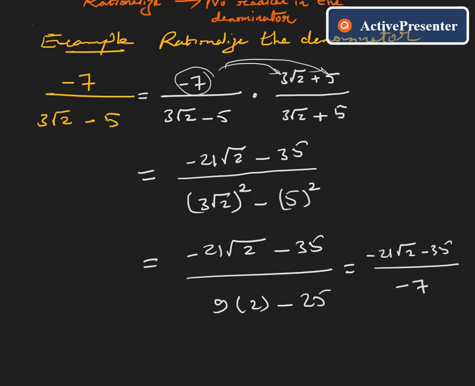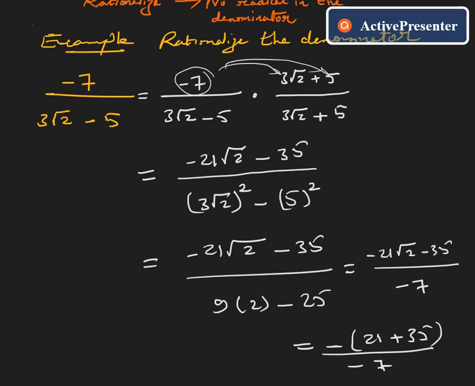You can take the negative outside in the numerator, so it should be minus of 21 square root of 2 plus 35, over, of course, minus 7.